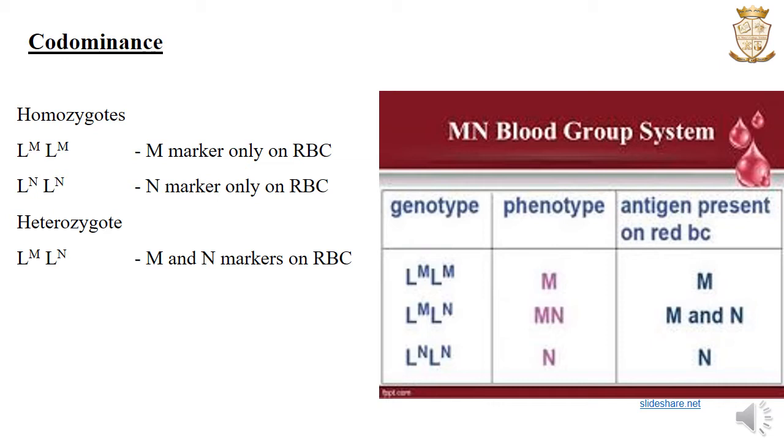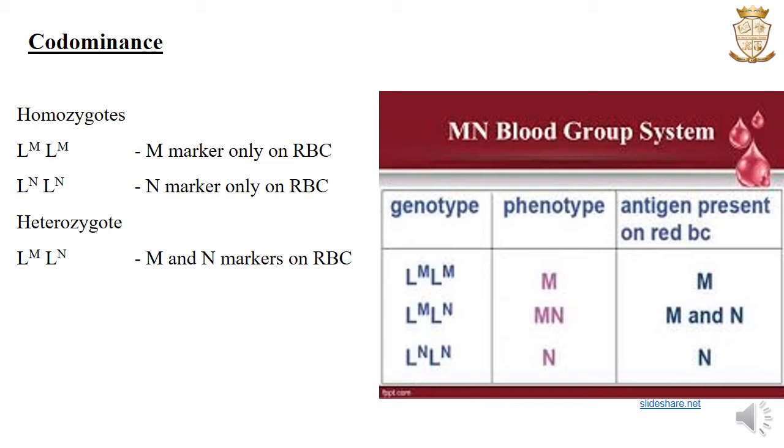A person's MN blood type is determined by alleles of a certain gene. The L^M allele specifies production of the M marker displayed on the surface of RBC, while the L^N allele specifies the production of a slightly different N marker on the surface of RBC.